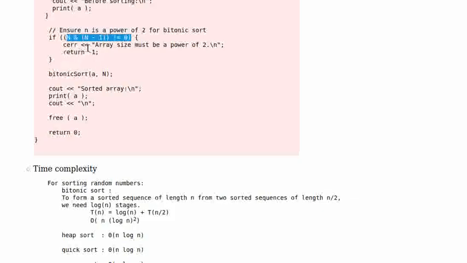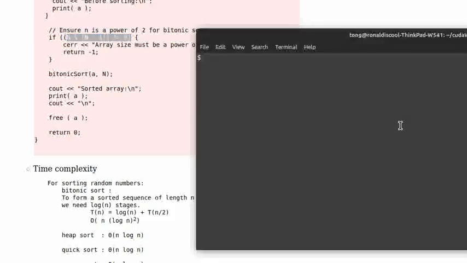Now this is because say n, if it is a power of 2, then the binary number would be like 1 0 0 0 0 0, something like this. And then n minus 1 would be something like 0 1 1 1, all ones. So when you AND them you get 0.